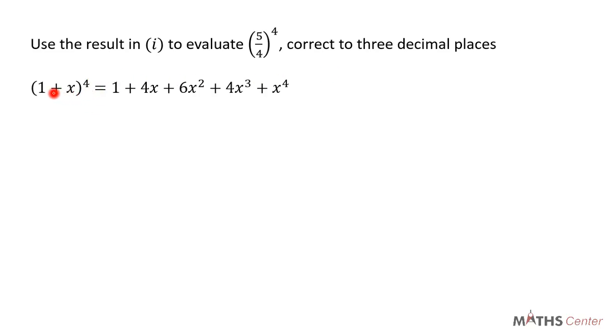When we expanded the binomial expression 1 plus x exponent 4, we had 1 plus 4x plus 6x squared plus 4x cubed plus x exponent 4. So we are going to use this expansion to evaluate 5 divided by 4 exponent 4. When you have a question like this, you have to write the expression.